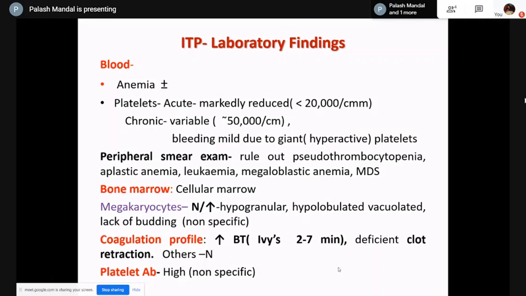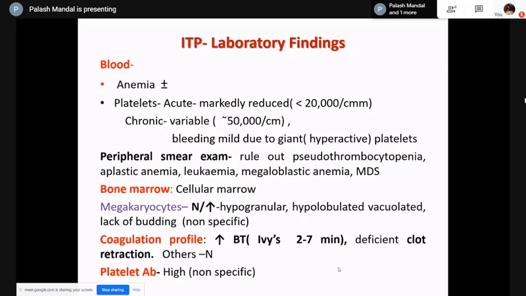We are dealing with a case of ITP, whether it be acute or chronic. The key finding is the decreased platelet count. In acute, it is markedly reduced. It is less than 20,000 at times, which is a cause of spontaneous bleeding.